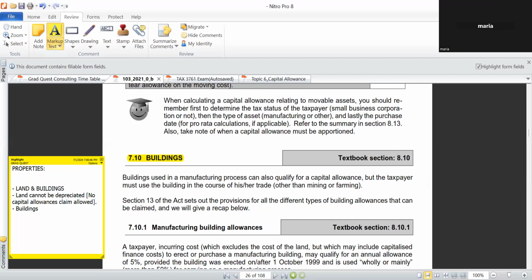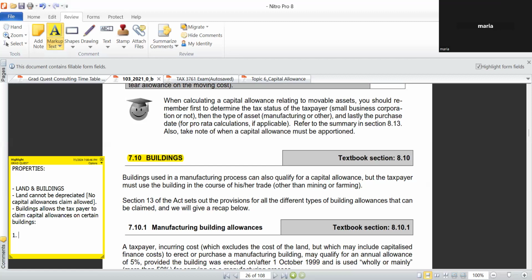So with buildings, SARS allows the taxpayer to claim capital allowances on certain buildings. What are those buildings that SARS allows you to claim capital allowances on?